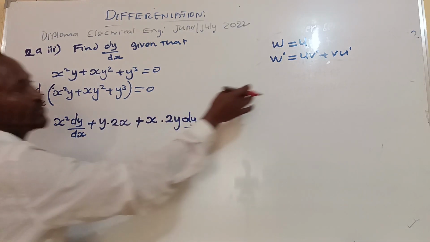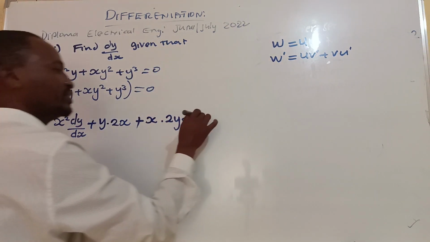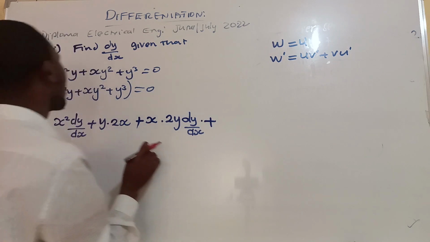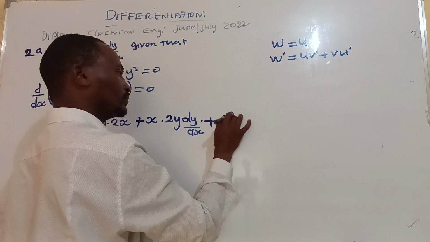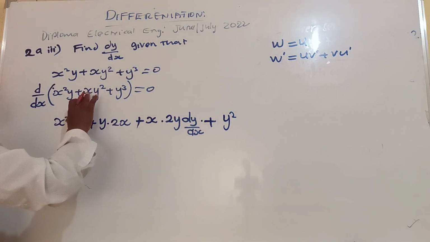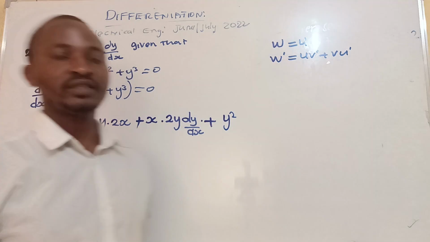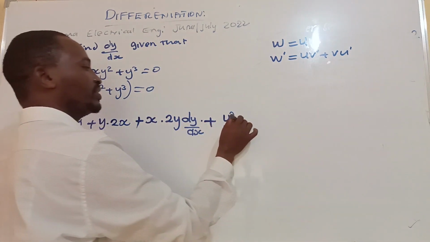So we have evaluated that to v prime. Now we move on. We evaluate v, which is y squared, times u prime, and then differentiate our u. Our u is x. Differentiate x with respect to x. That one is 1. Then we move on.